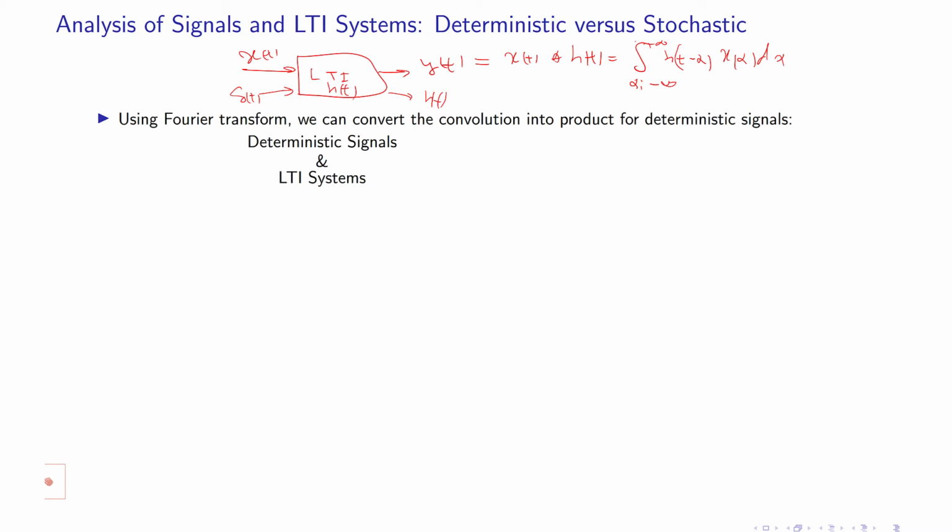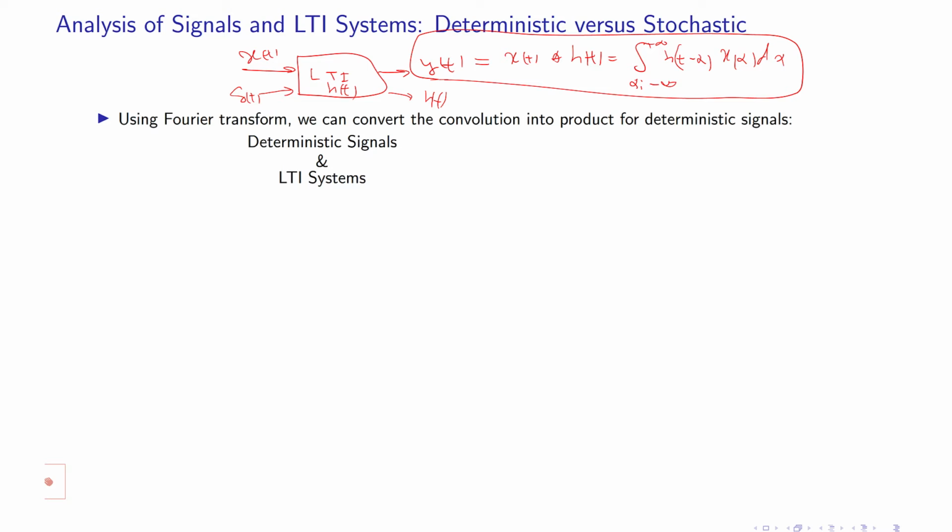deterministic signals. Of course, if you take Fourier transform of both sides of this equation, this convolution integral becomes a multiplication of Fourier transforms of input and Fourier transform of unit impulse response. That means that the convolution integral, which is a fairly complex integration, becomes a very simplified multiplication.